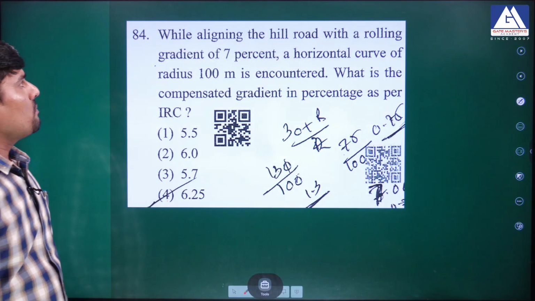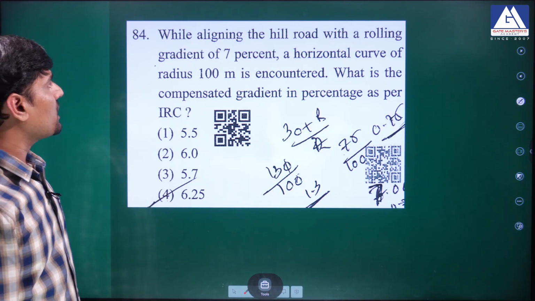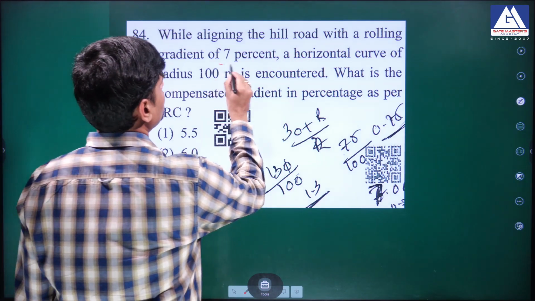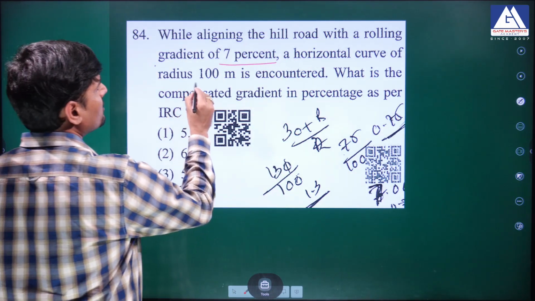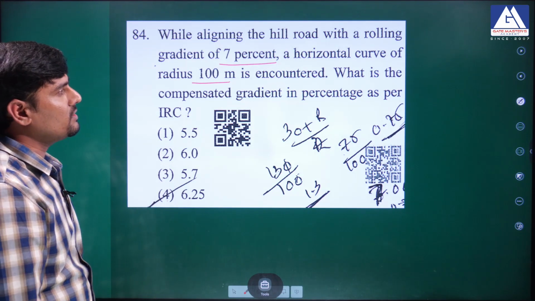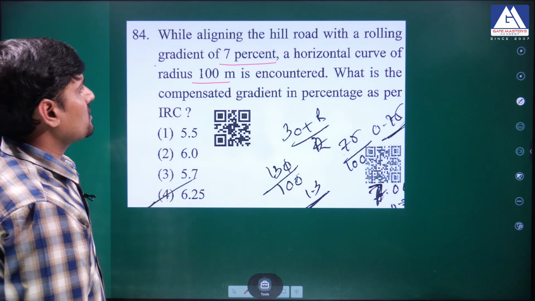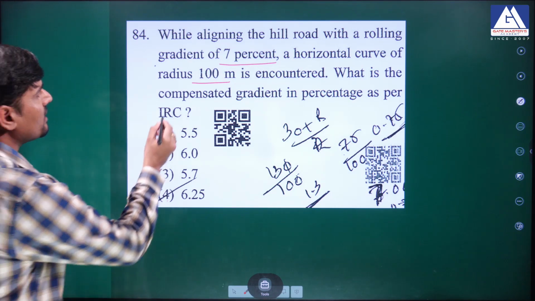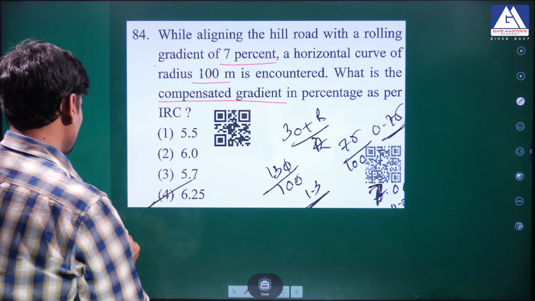Question number 84. While aligning the hill road with a rolling gradient of 7%, a horizontal curve of radius r is 100 meters is encountered. What is the compensated gradient? See, first of all, to calculate the compensated gradient, we require grade compensation.